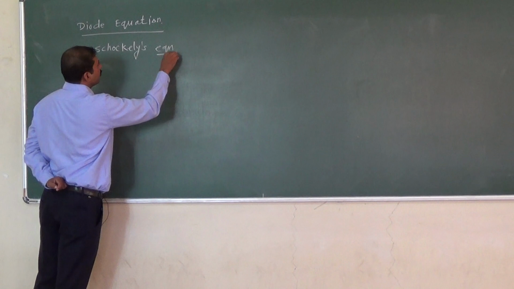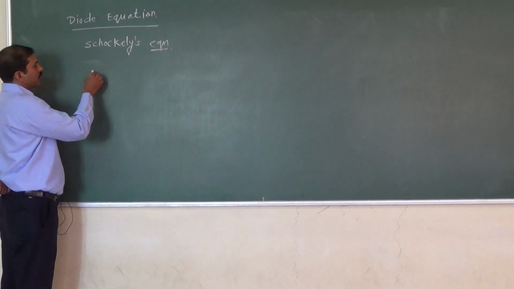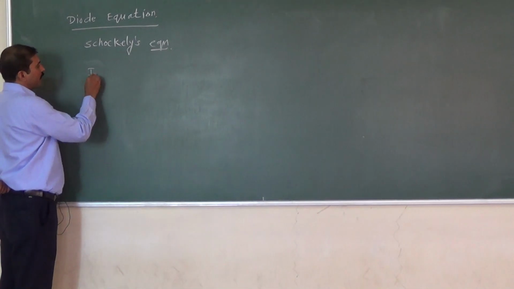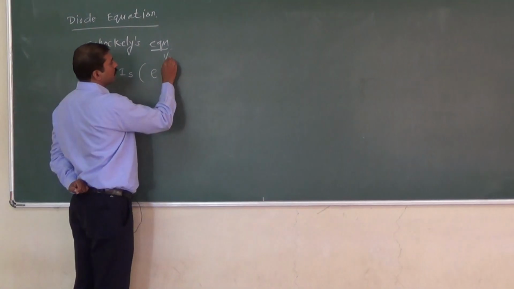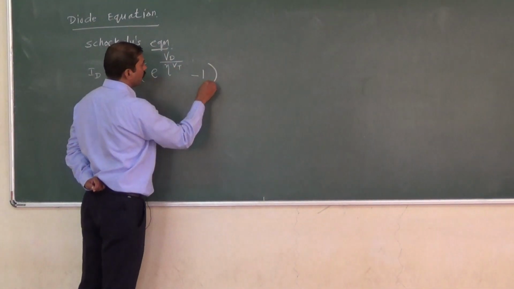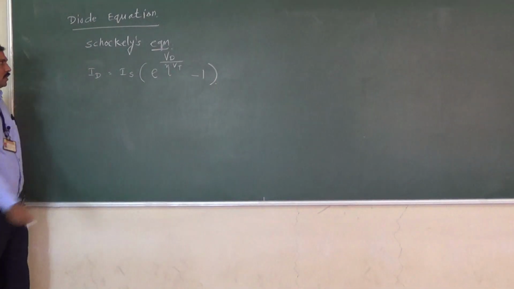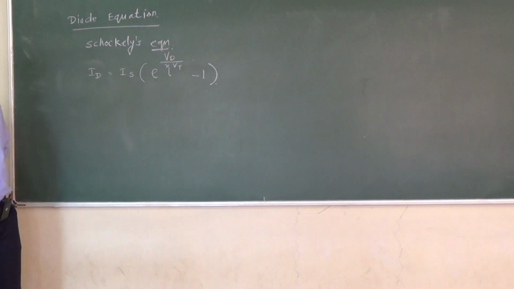It is named after the scientist who discovered this. The diode equation is ID is equal to Is e raised to power Vd upon eta Vt, minus 1. This equation is called Shockley's equation or simply the diode equation.